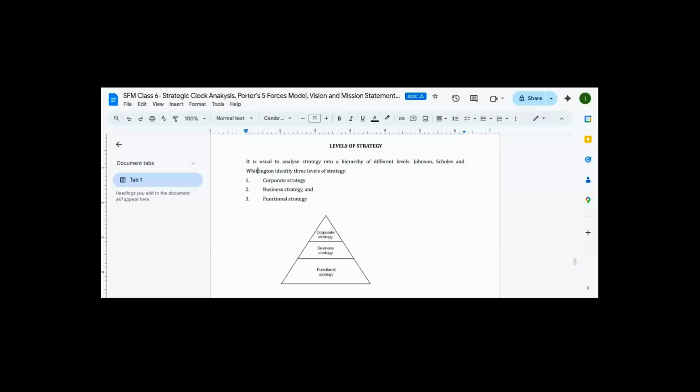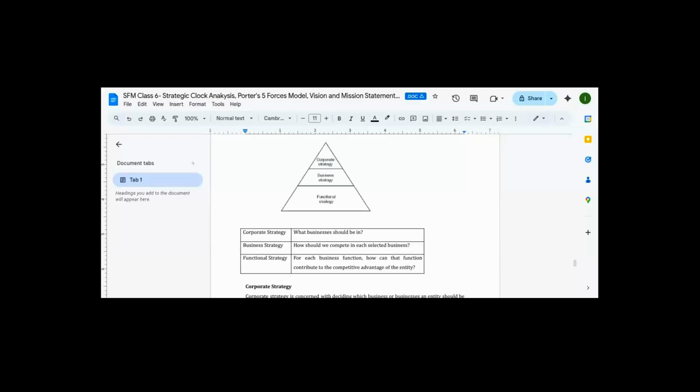The 3 levels of strategy are: one, corporate level strategy; two, business level strategy; and the third one is functional strategy.